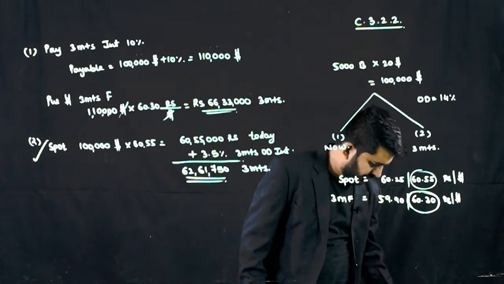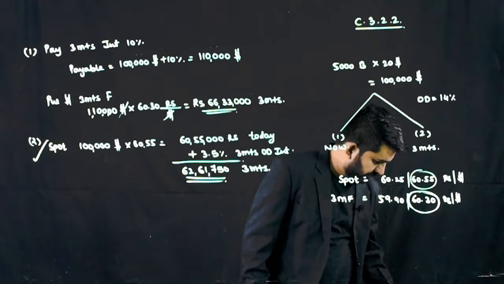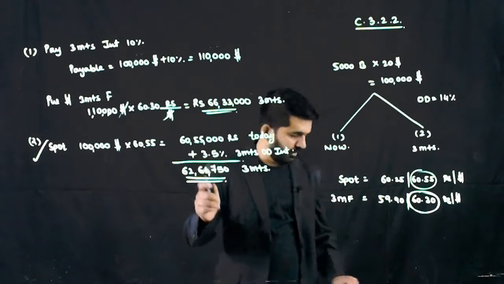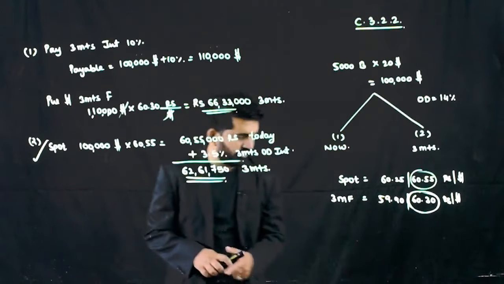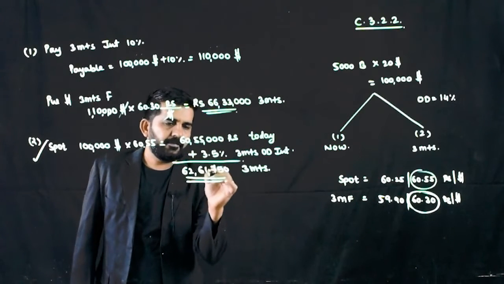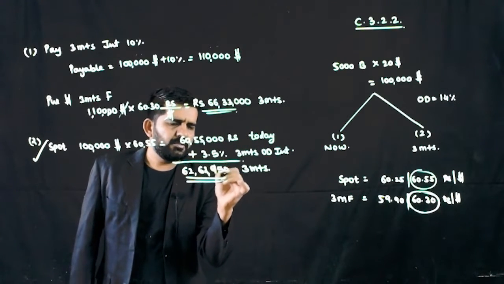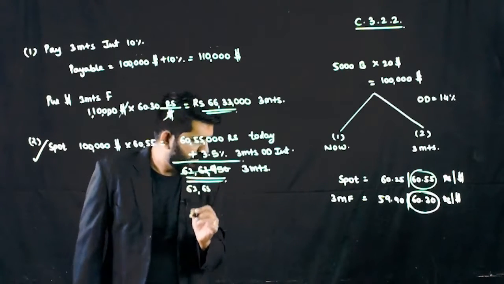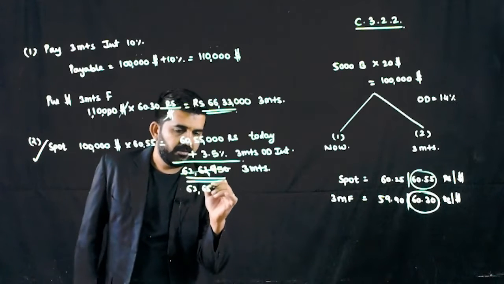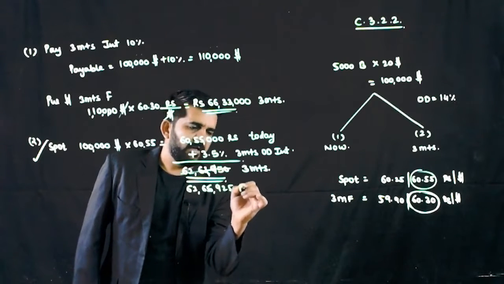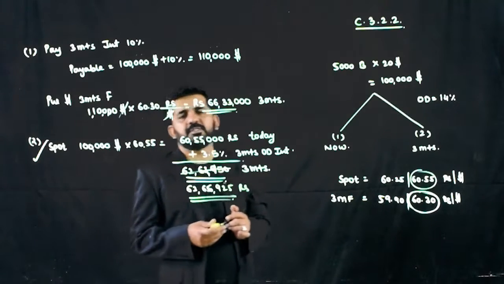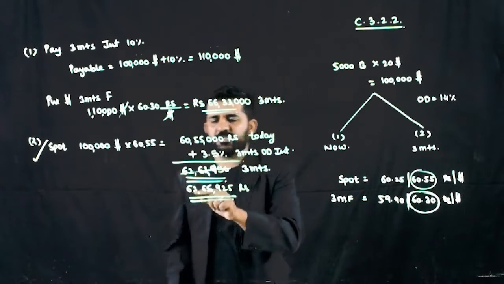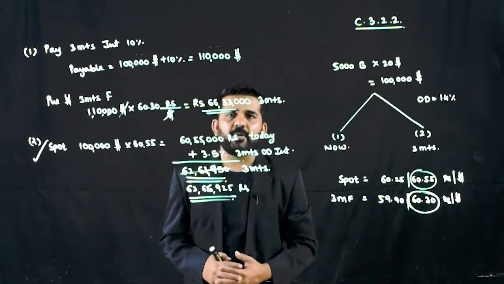60 lakh 55,000 plus 3.5% is 62 lakh 66,925 rupees.